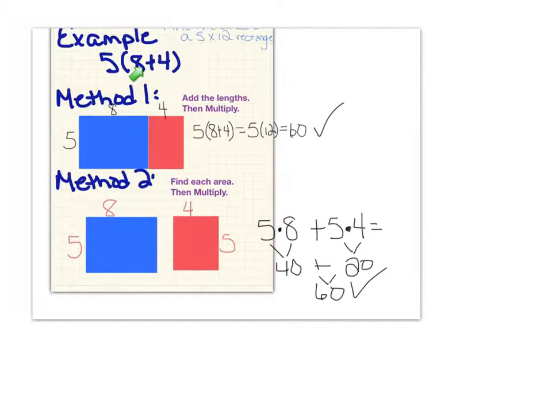We broke the length into 2 different addends, 8 plus 4. Our second way was to take the width and multiply it times the 2 lengths and create 2 separate problems, 5 times 8, 5 times 4, and then add them together.